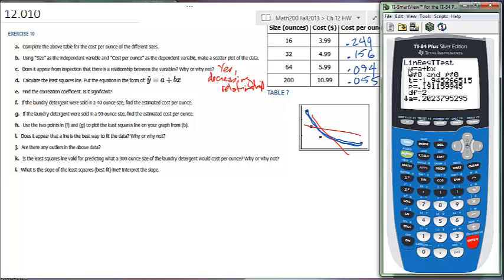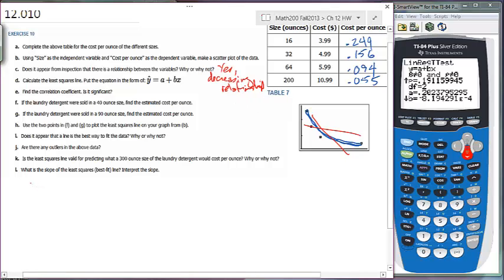And this is a LinRegTTest. It gives the equation form and then some of the parameters for your hypothesis test. I just hit the down arrow one time so I can capture my a and b in this form. Now it says here y, but the notation in the book that they want us to use is y hat.